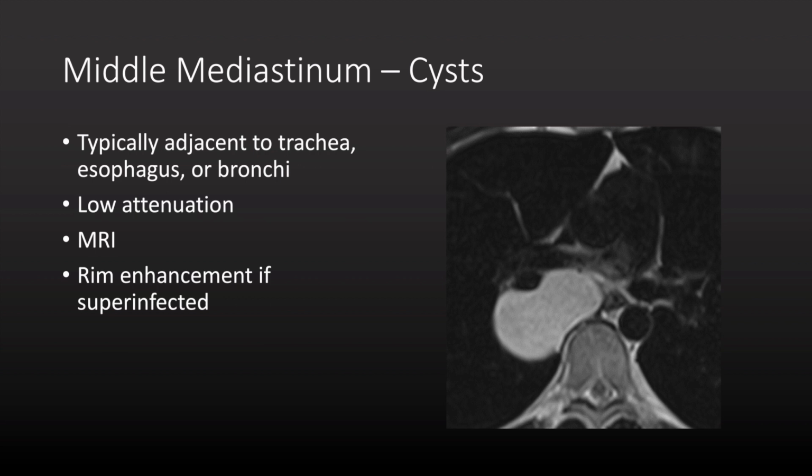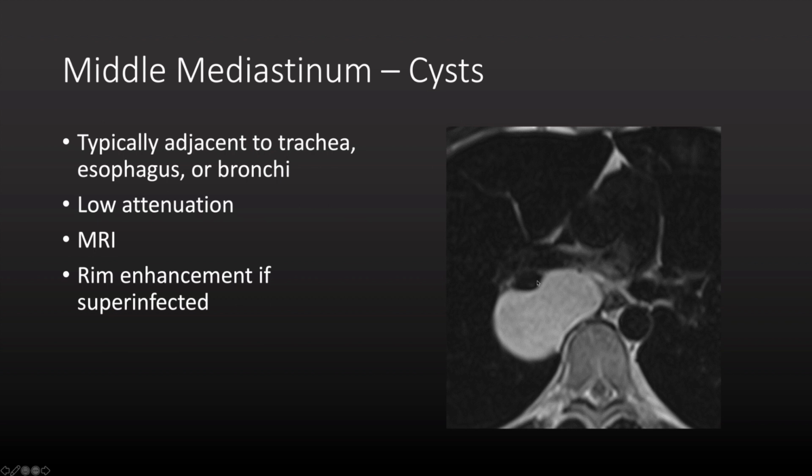So the first one are cystic lesions. You've got a cystic lesion in the middle mediastinum. The first thing you want to think about is a duplication cyst, foregut duplication cyst, which could either be tracheal or esophageal in origin, but it doesn't really matter. These are typically located adjacent to the trachea, mainstem bronchi, or esophagus.